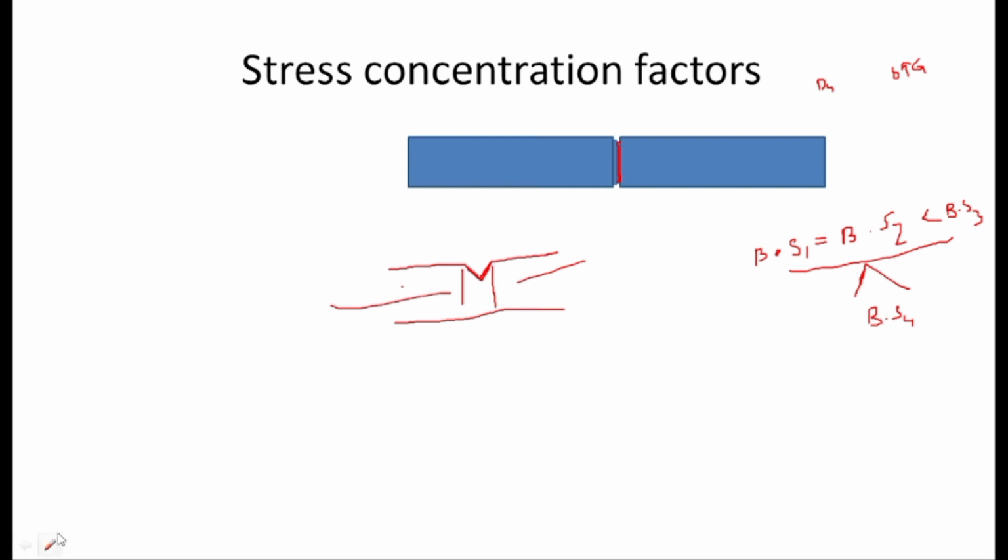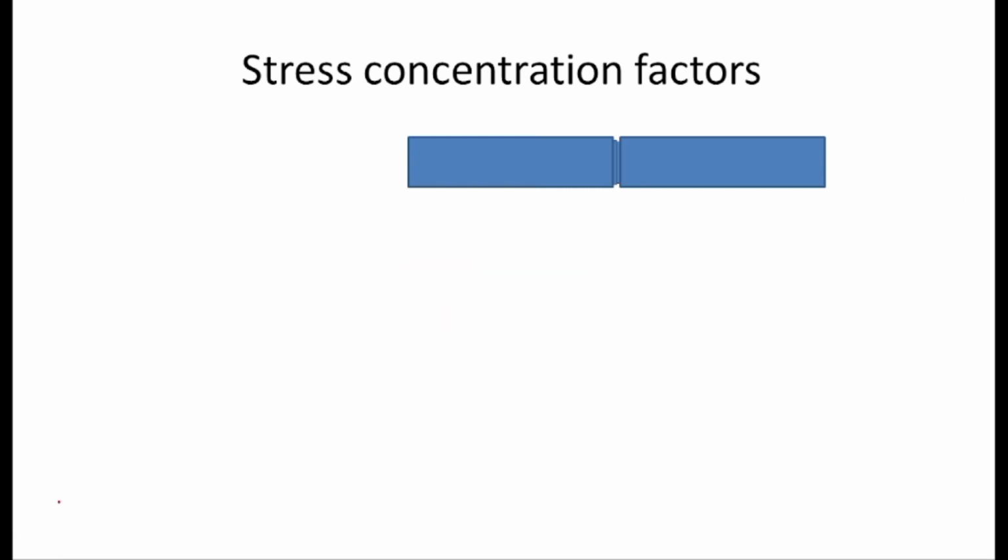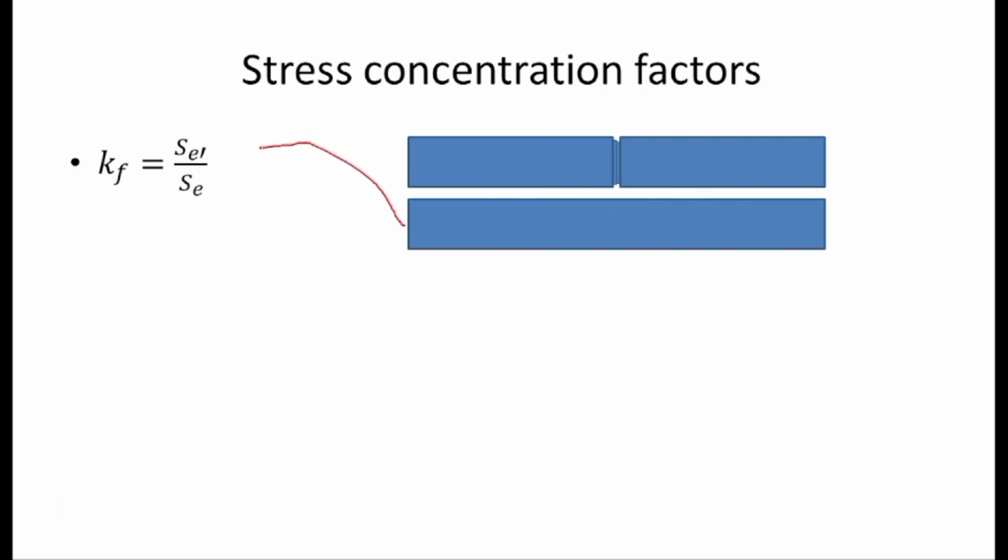So for that, we have to define the stress concentration factor, represented by Kf, which is equal to the endurance limit of the body without notch divided by the endurance limit of the body with the notch. For this shaft the endurance limit is this one, and for this shaft this is the endurance limit.